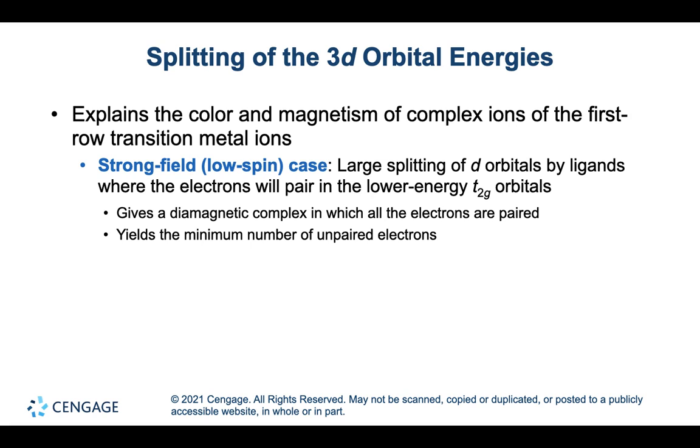So they're going to act like they're different sublevels. And that's why you don't have as much spin, because you don't have as much unpairing in that case. So we call it the low spin case. So these are going to typically give you something that's diamagnetic instead of paramagnetic, and you're going to have the minimum number of unpaired electrons.